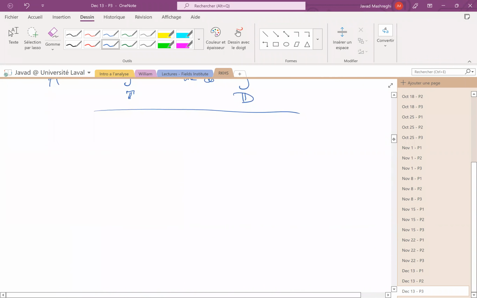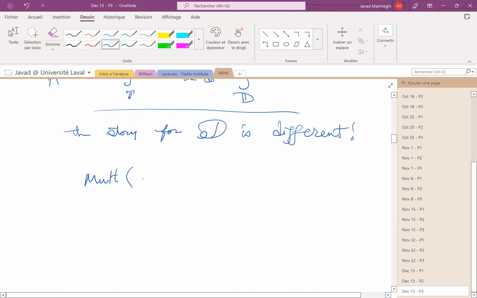But interestingly enough, the story for D, for the Dirichlet space, is different. Of course, the multiplier algebra of D is inside H infinity, and also inside D. So it's inside the intersection.